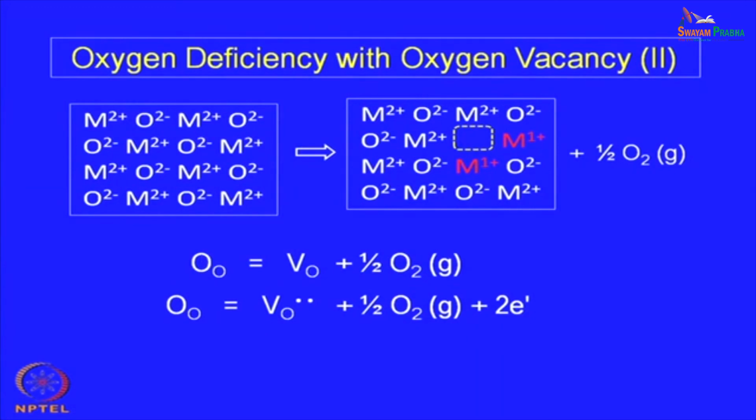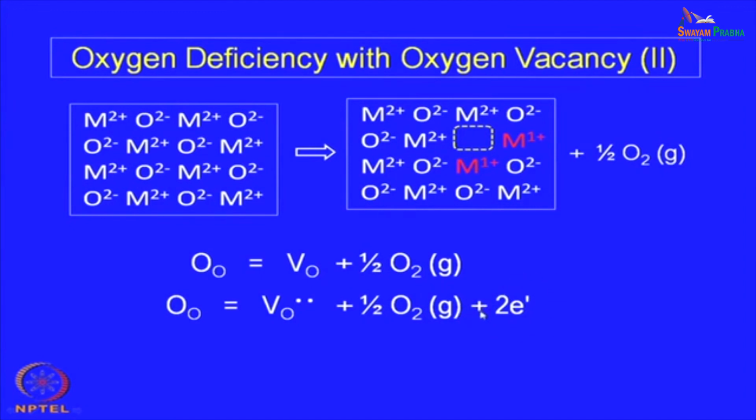These are the two very important aspects of writing a defect equation. So, finally, charge has also been added there. This oxygen vacancy which was created was originally a neutral defect and now it is a charged defect. Two effective positive charges have been created and two electrons have been released. These two electrons are free.